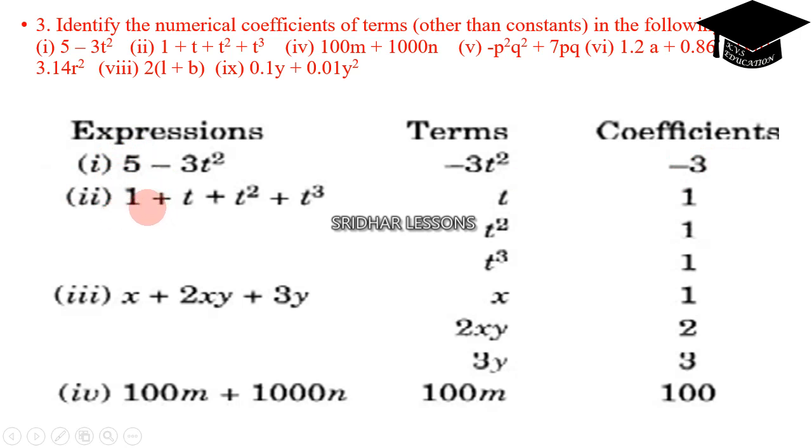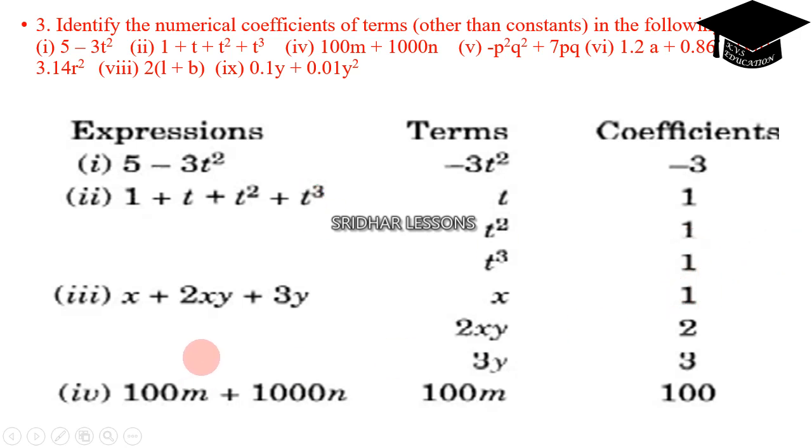Next expression, 1 plus t square plus t cube. For this expression, the terms are t square and t cube, and the coefficients are 1 for t square and 1 for t cube.